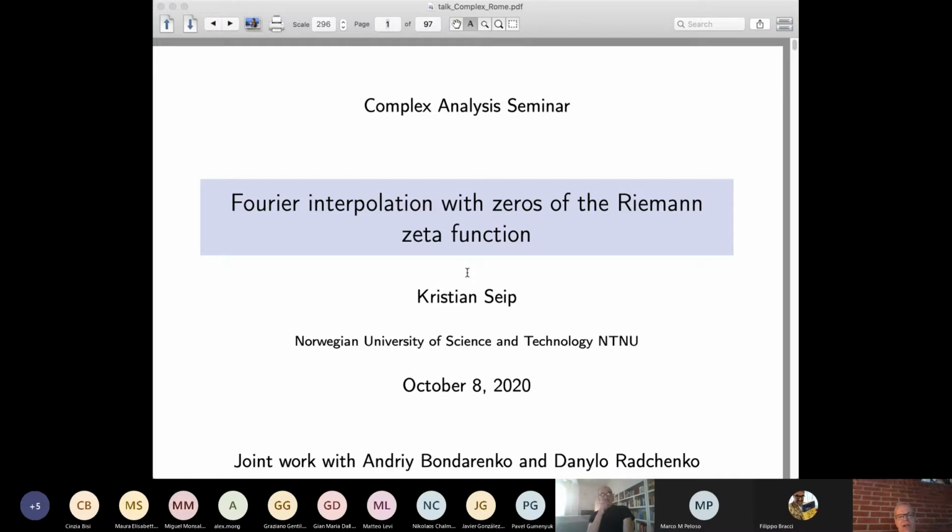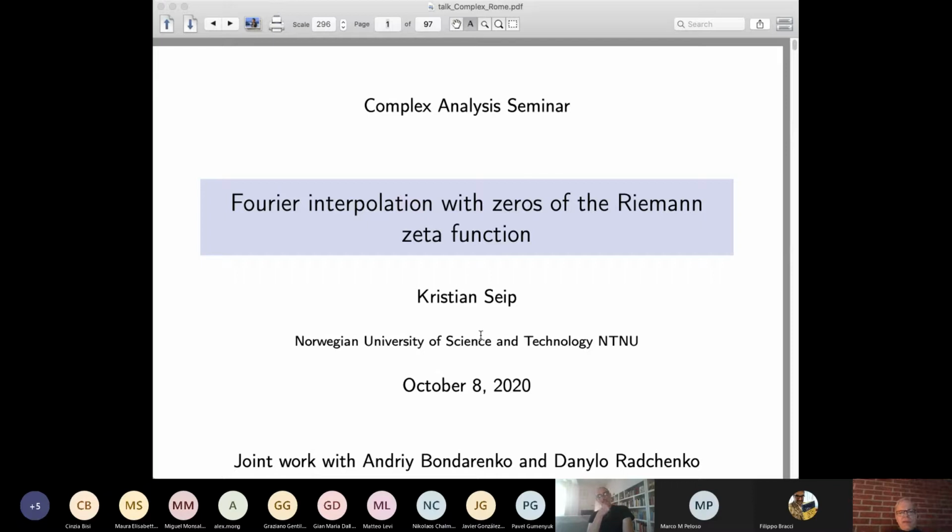So I think that it could be useful to give you a crash course on the very basics of the Riemann zeta function. If you know it, then I hope you just enjoy it, and otherwise I hope that it can be a little bit useful. So this is what I'm planning to say.